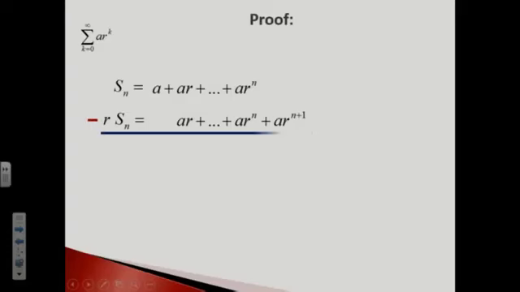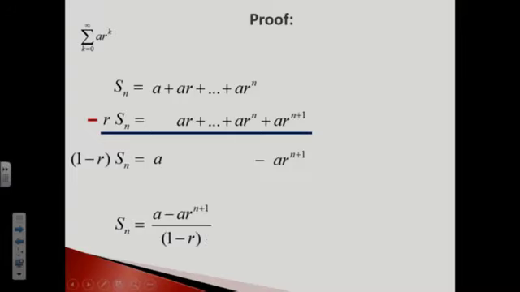We take the difference between Sn and r Sn to obtain (1 minus r) multiplied by Sn equals a minus a r to the power of n plus 1. So, Sn equals (a minus a r to the power of n plus 1) over (1 minus r).